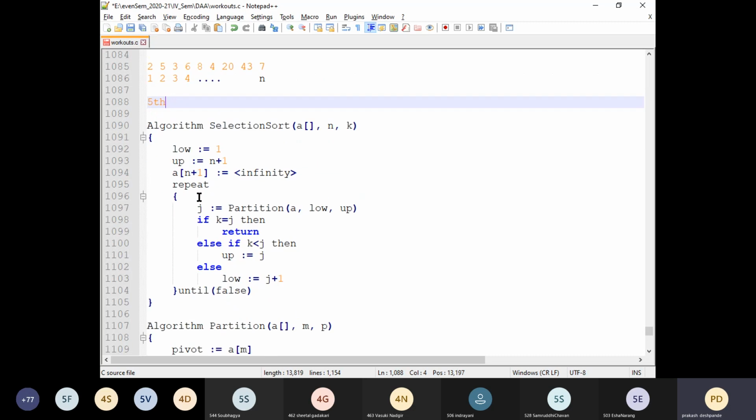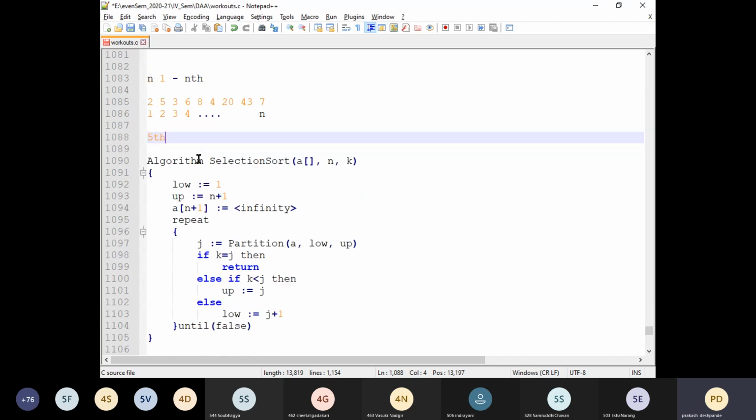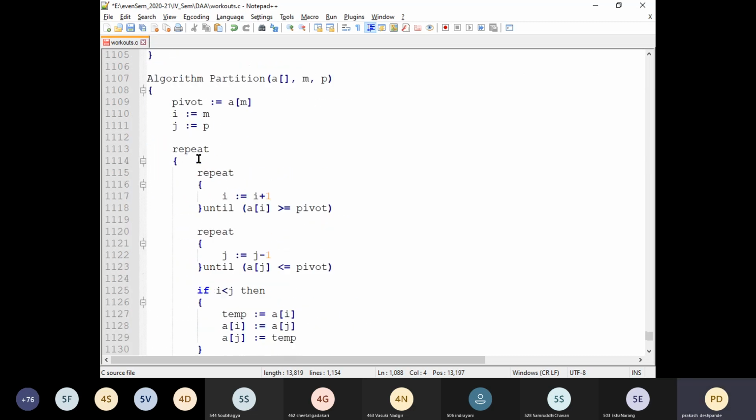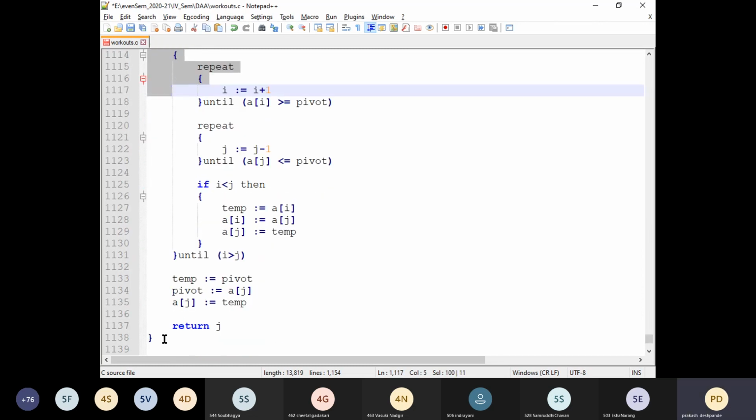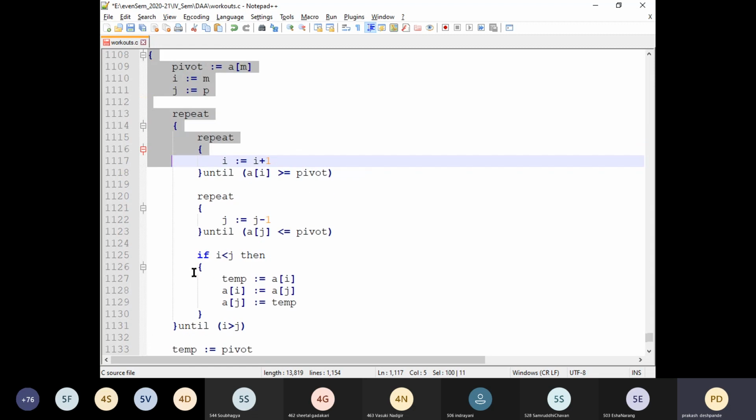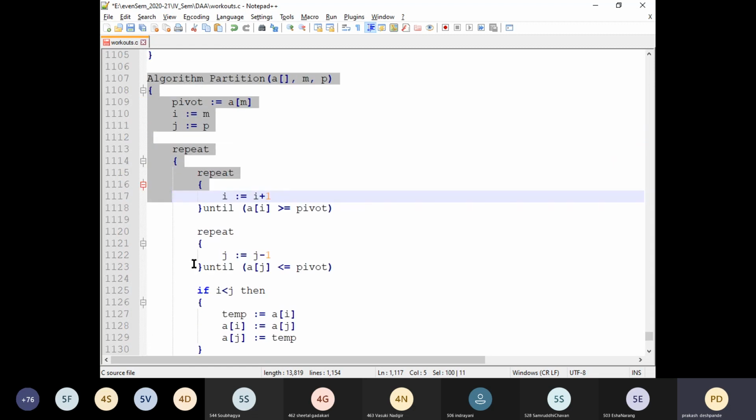Fine. Now, if I show you the partition code of this algorithm, do you find it similar to some other algorithm which we have looked into earlier?